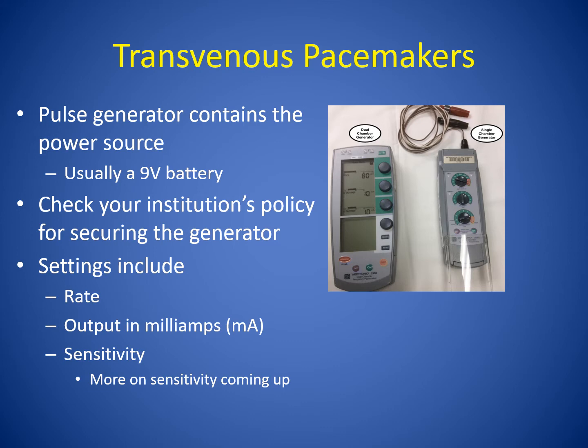You always want to make sure that the settings are correct to what the doctor or provider has determined. You have settings such as your rate, the output, or the milliamps, that's the energy, and then sensitivity. We're going to talk a little bit more about sensitivity in a little bit.